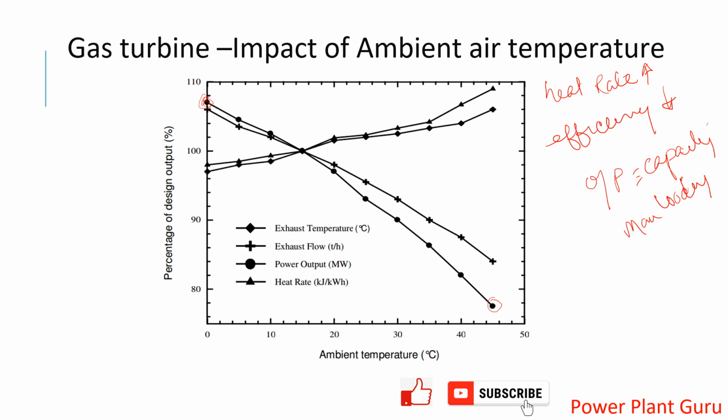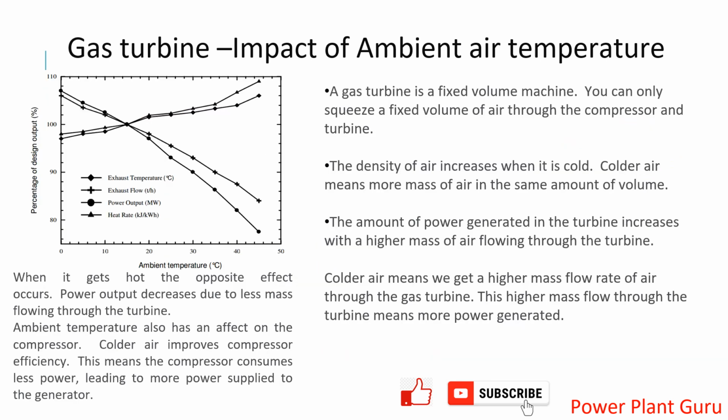That is decreasing. So why is it happening? It is happening because a gas turbine needs a certain quantity of air to use that fuel for combustion and then draw output from that.